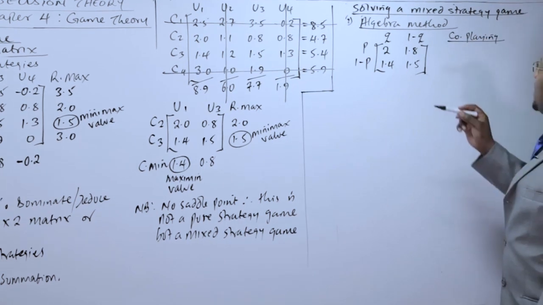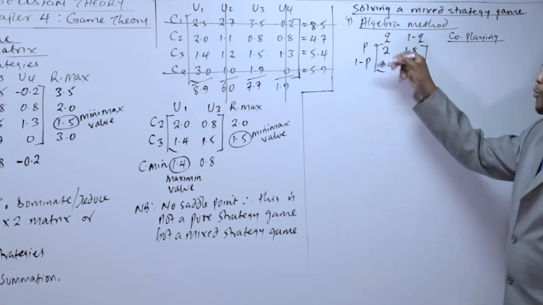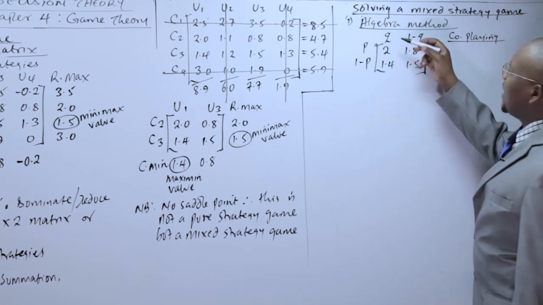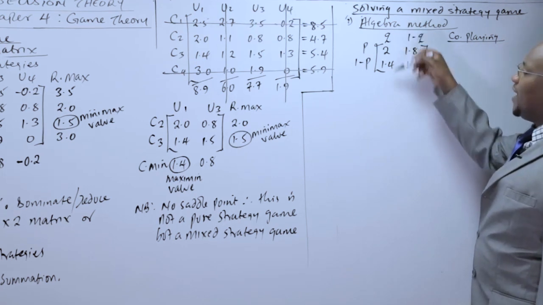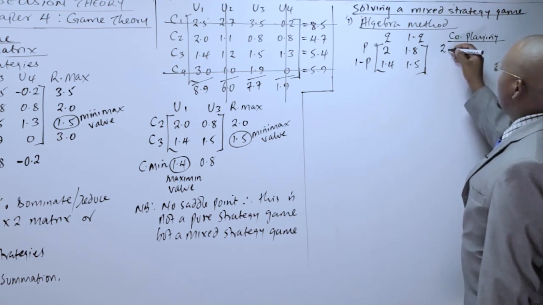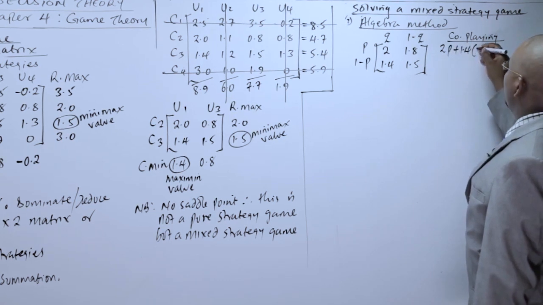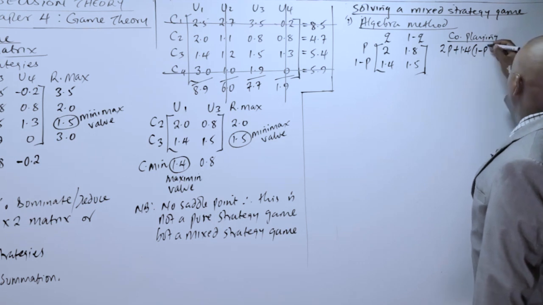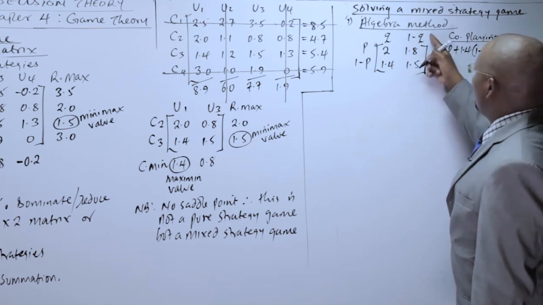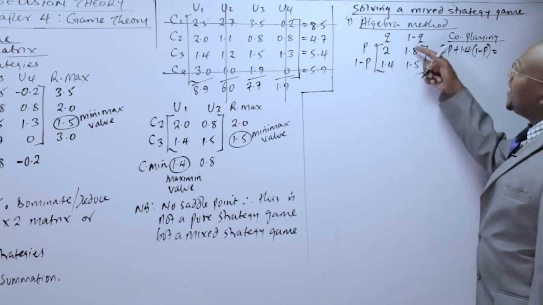Now company A, remember, they are going to play both strategies in this proportion of P and 1 minus P. So that now when the union plays the first strategy, company A will have 2P plus 1.4 in bracket 1 minus P. Then the result should equal when the union is playing the second strategy. So we must make sure that this result is equal to this one.